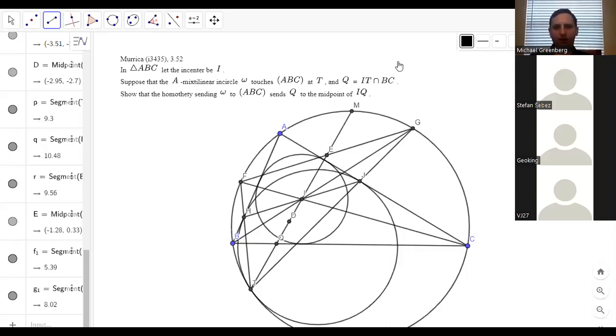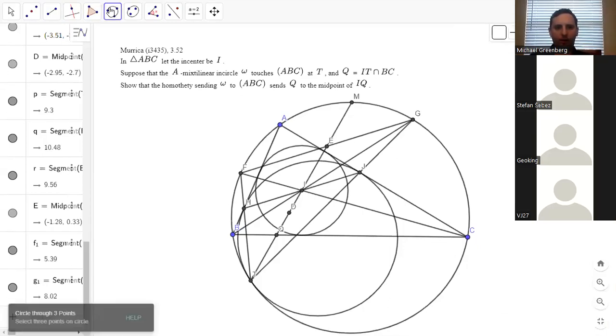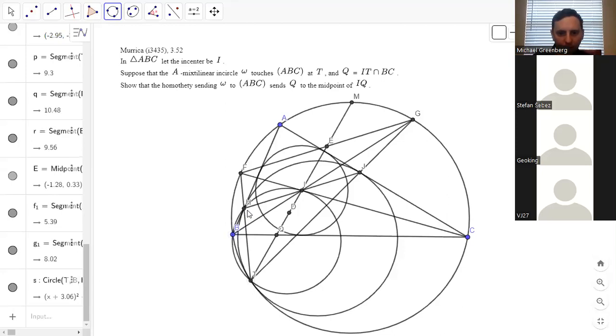Let's see. TBHI is cyclic. Good point. I forgot about that property. TBHI is cyclic. And we want to show, so maybe law of sines to get TH is perpendicular to H. I don't think you mean, oh, TH over HF.